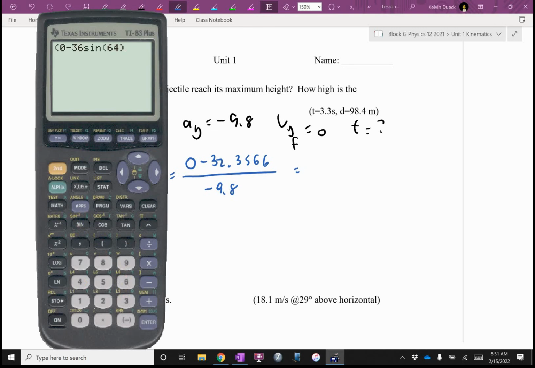I flip-flop between typing in the actual complete trig function or just typing in the decimal value, but I'll do the decimal value because that's what most of you probably already typed, 32.3566, close off the top, divided by negative 9.8, and I get a time of 3.30 seconds.